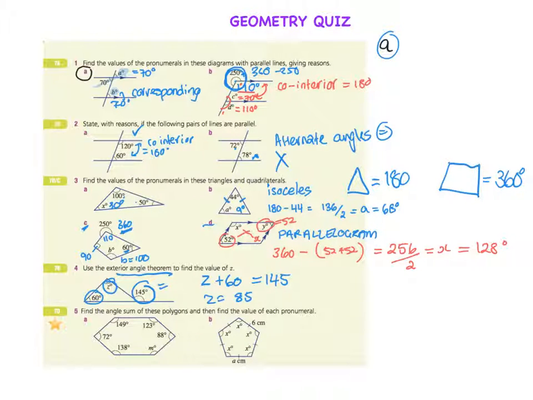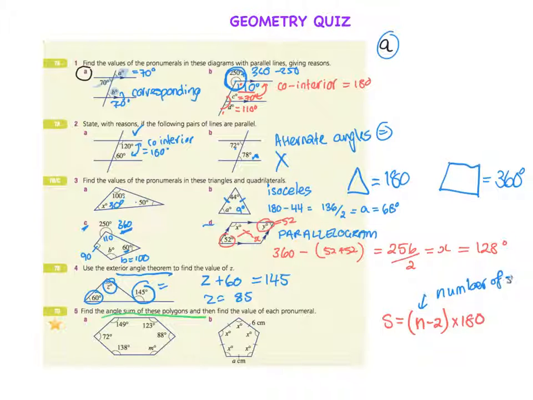Good. All right, now the final question is find the sum of these polygons and then find the angles. So we have a formula for that. Remember, the sum of all the angles is equal to n minus 2 times 180. What was n indicating? Good, number of sides.